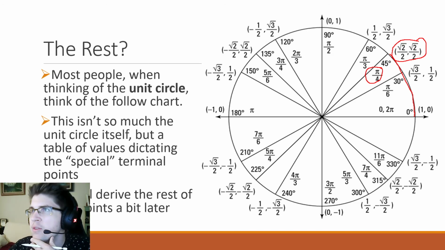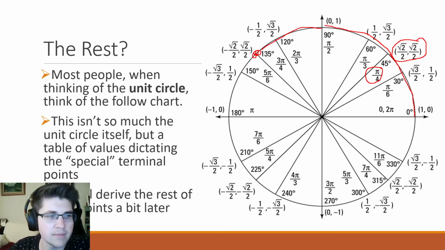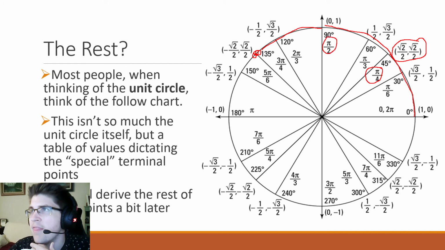Well, now notice that this point over here is also another halfway point. So I could use some common sense to say, if I were to go all the way to the top, then another halfway here, that would be a combination of pi over 2 to get to the top, and then pi over 4 to go the remaining distance.